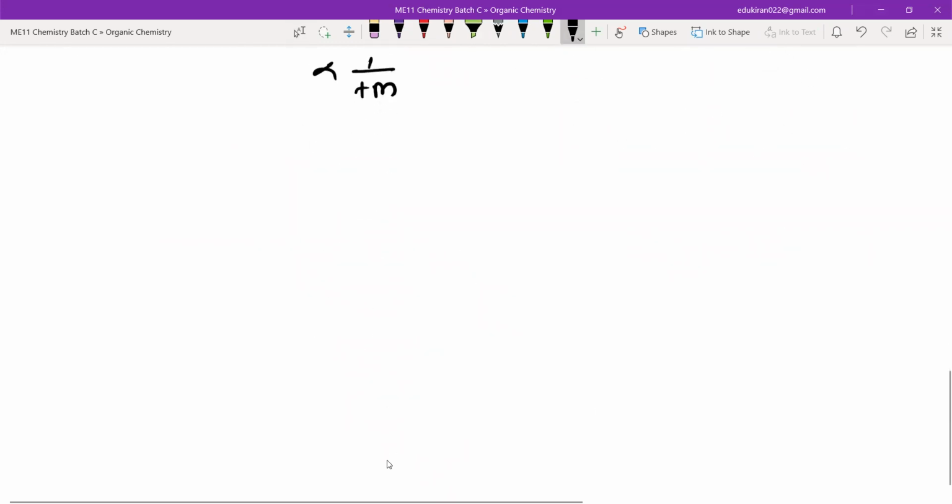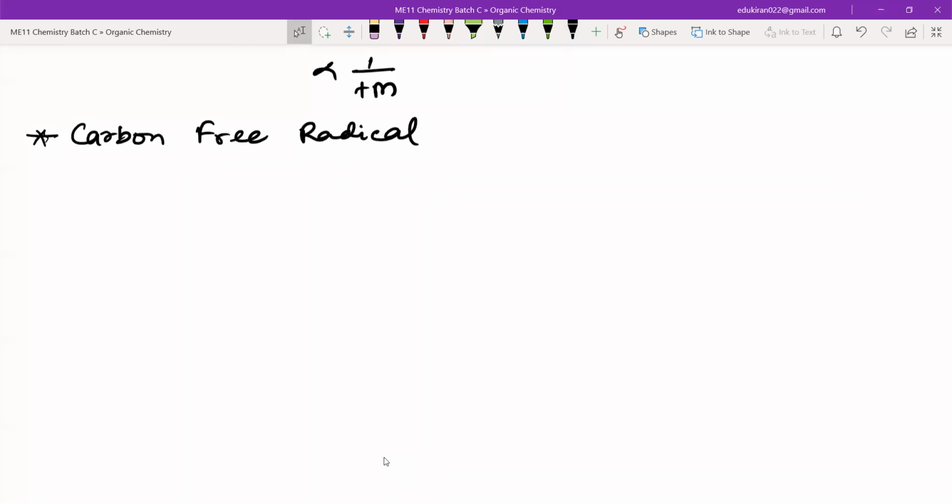Similarly, for free radical, what is going to happen? We'll have carbon free radical. Now, in carbon free radical, you will be having electron poor.